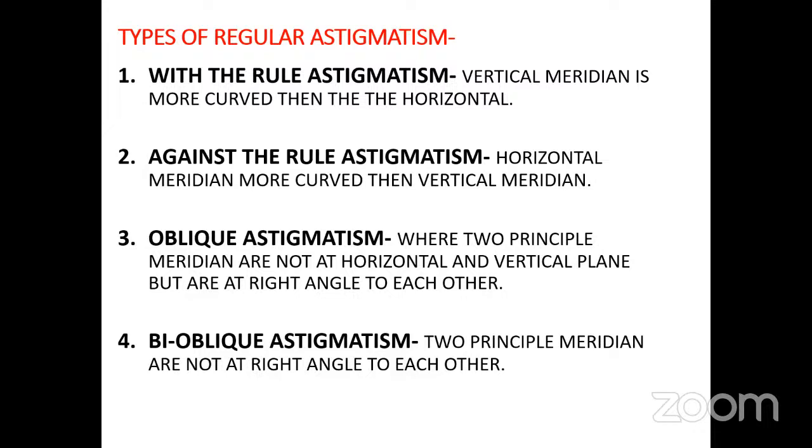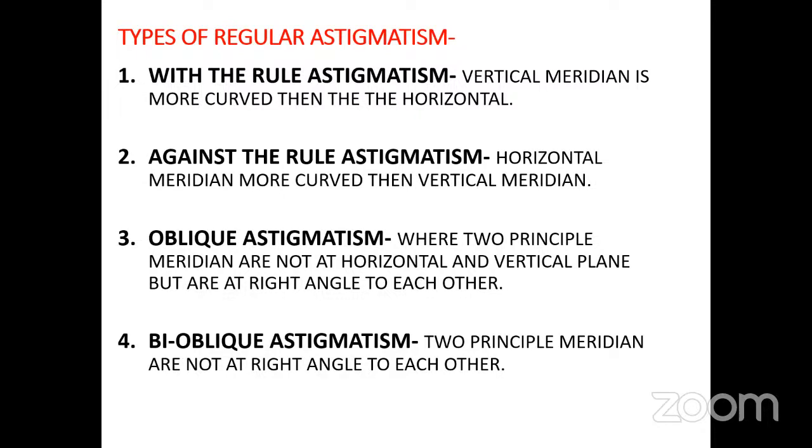Yes, sir. Normally our vertical meridian is more curved than the horizontal meridian due to the pressure of the eyelid. So if the vertical meridian is more curved than the horizontal meridian, we call it with the rule astigmatism.